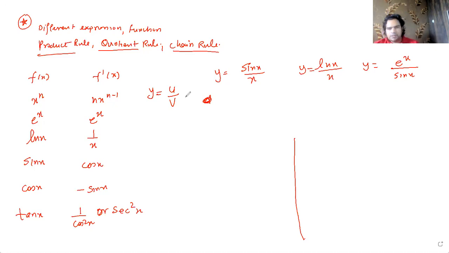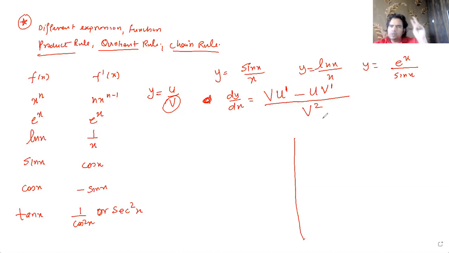So when you find the derivative, this is a formula which you've got to remember: dy by dx is v square, you square the denominator, write v as it is, then derivative of numerator, which is u dash, minus u as it is times derivative of denominator. So vu dash minus uv dash over v square.